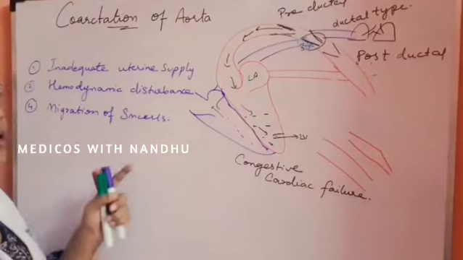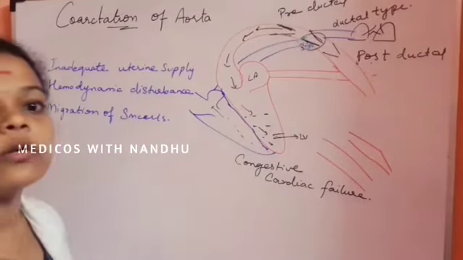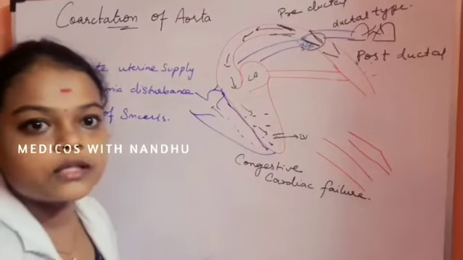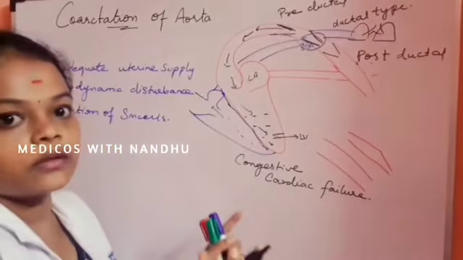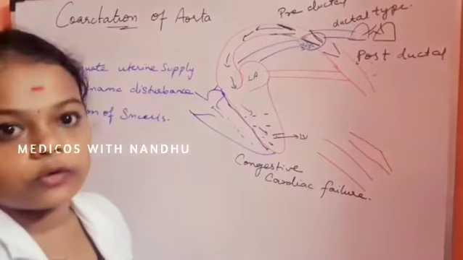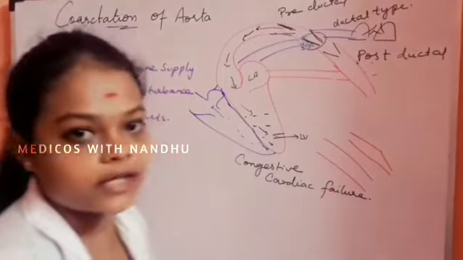There will be a narrowing of the aorta, and what happens? The blood will not move forward to supply the tissues and other organs, and hence it gets accumulated in the same place, getting hypertrophied. Okay, so this is what happens and causes a congestive cardiac failure.